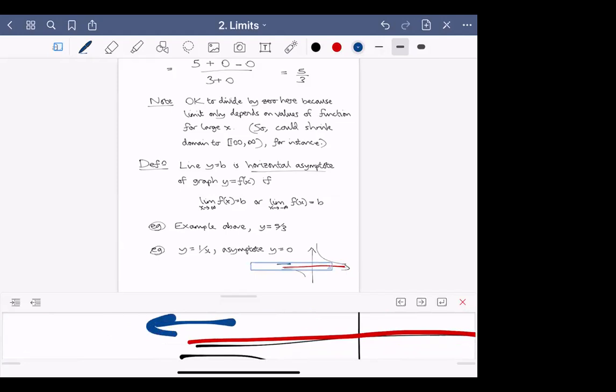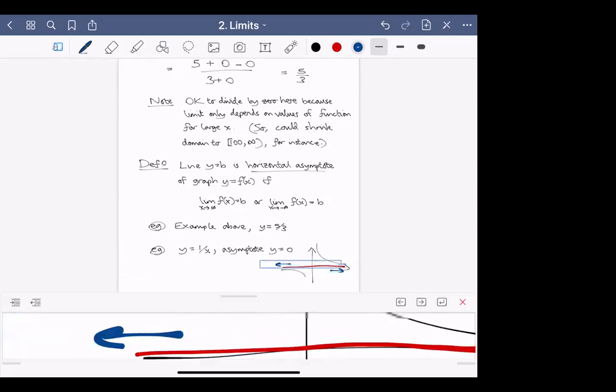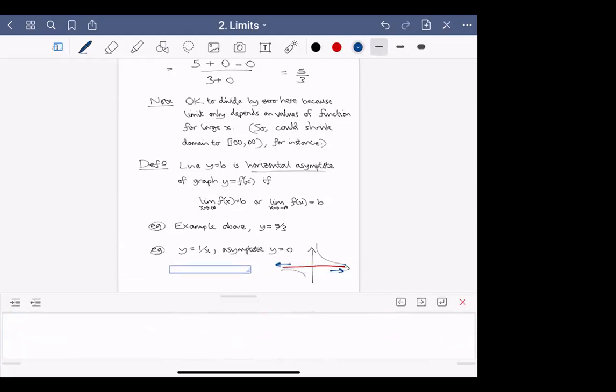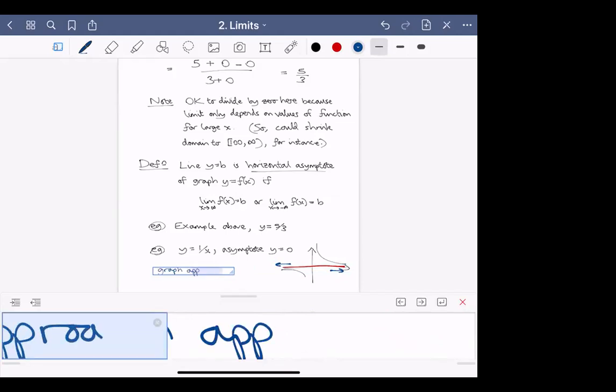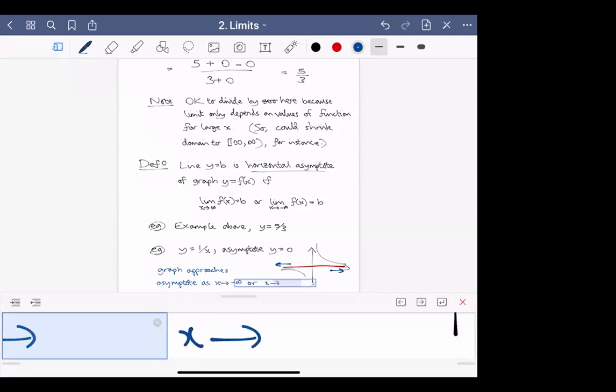So let me draw that in. So the graph approaches the asymptote as x goes to minus infinity, or x goes to positive infinity.